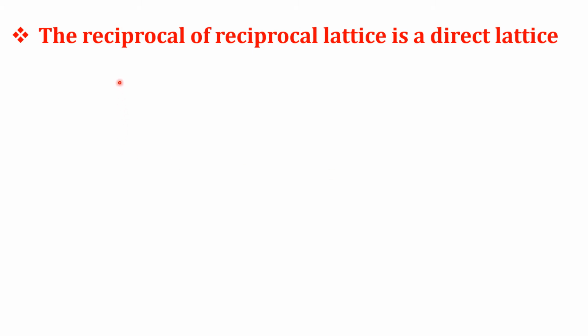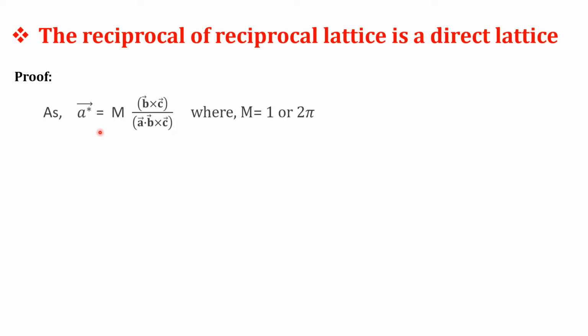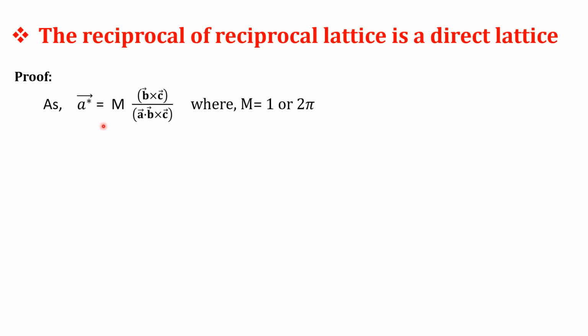The first property we prove here, that is reciprocal of reciprocal lattice is a direct lattice. For that we use reciprocal lattice vector, defined in terms of direct lattice vector: vector A star is equal to m times B cross C divided by A dot B cross C. M we defined earlier, where M is the scale factor or magnification factor.